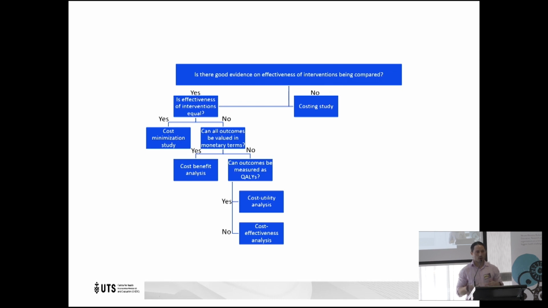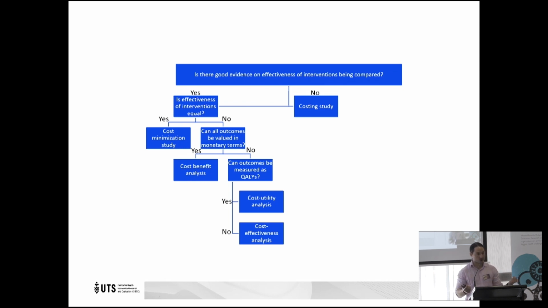So what measure would you be using to assess the effectiveness of PCRs versus RATs? How would you measure what each are doing? Yeah, number of cases detected. So you've got two interventions.